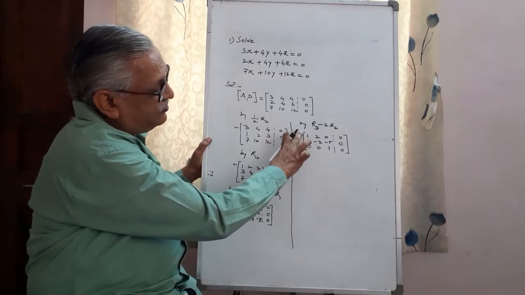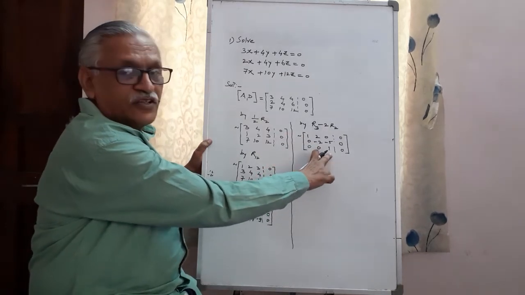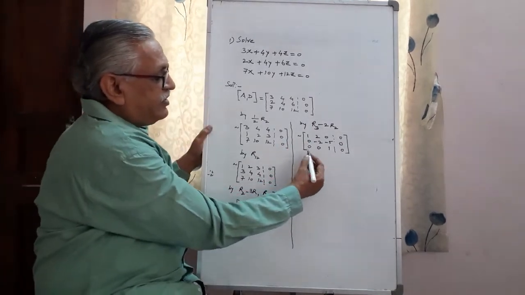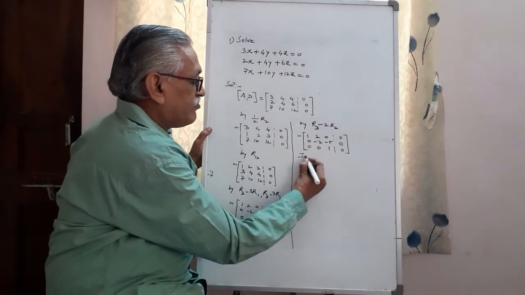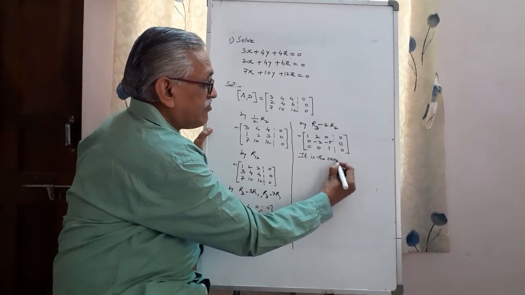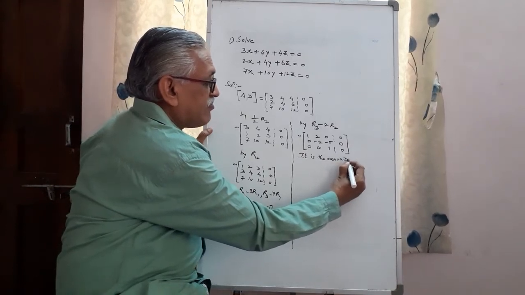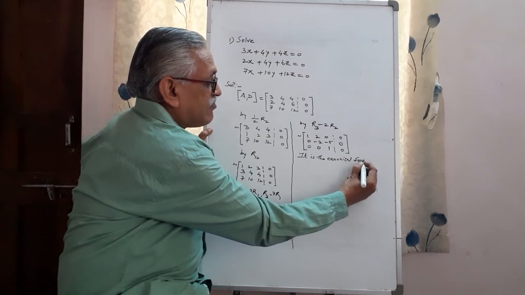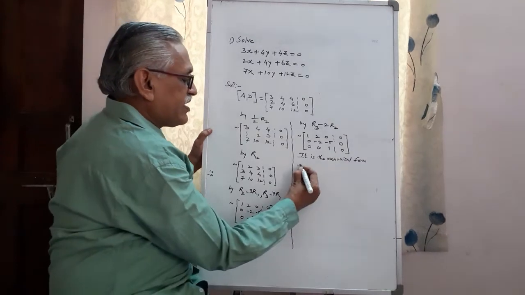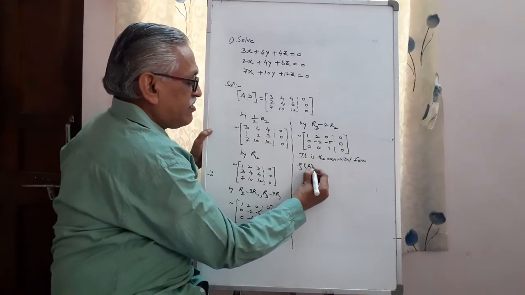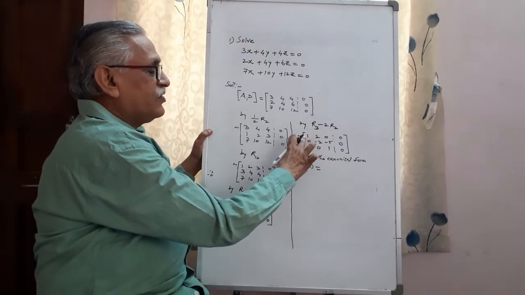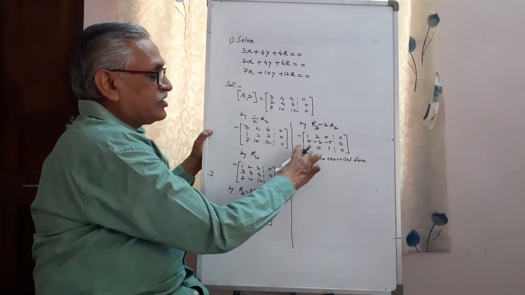In the process, we have converted all the diagonal elements to non-zero and the lower side to 0. Therefore, whatever form we are getting, it is the canonical form of that matrix. And after getting the canonical form, we find the rank. For this matrix A, first row is non-zero, second is also non-zero, third is also non-zero.